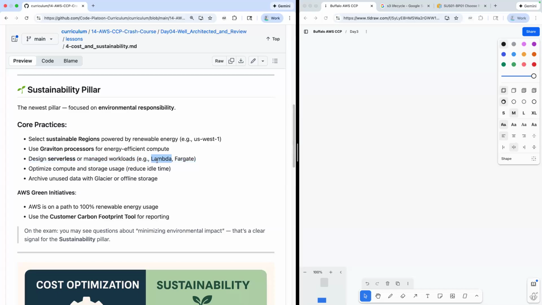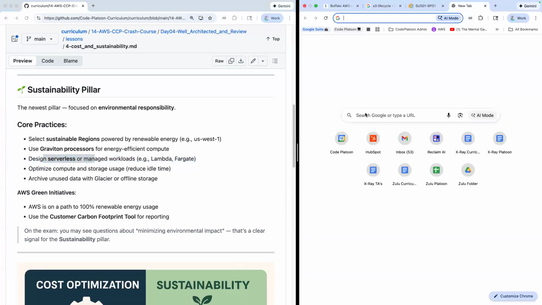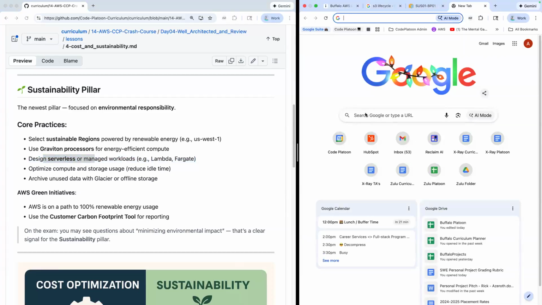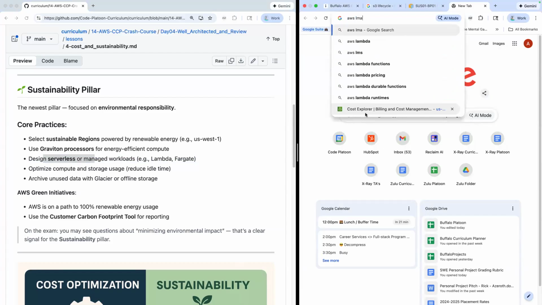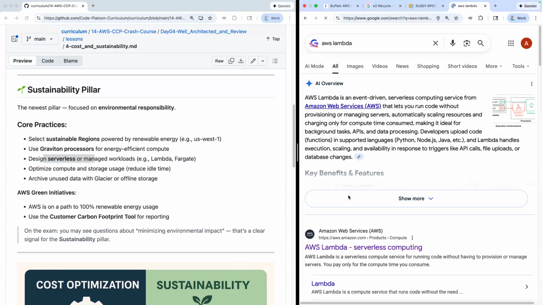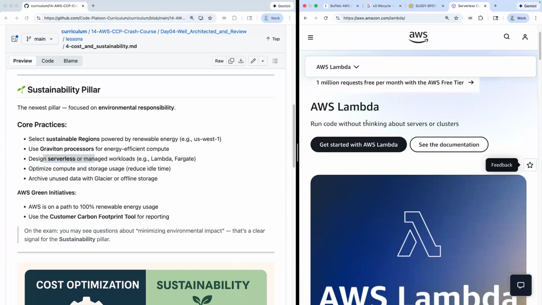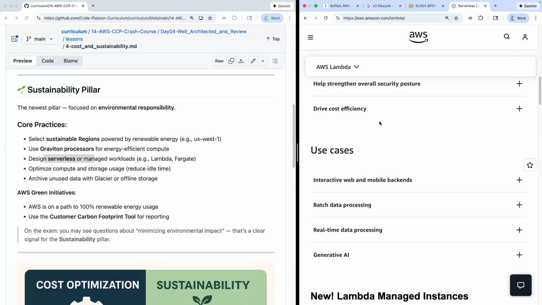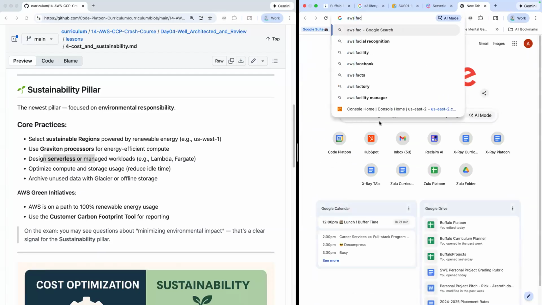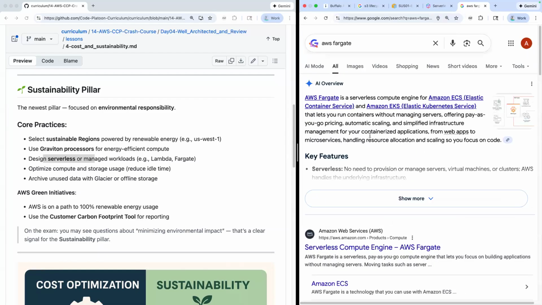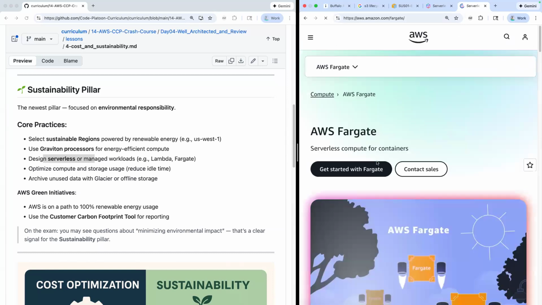So, important point, there's 2 different kinds of serverless tools with AWS. We have Lambda, which is for serverless functions and serverless computing. I can run my code, and I don't have to think about servers or clusters or anything. And AWS Fargate, which we haven't talked about a lot. They call it a serverless compute engine.